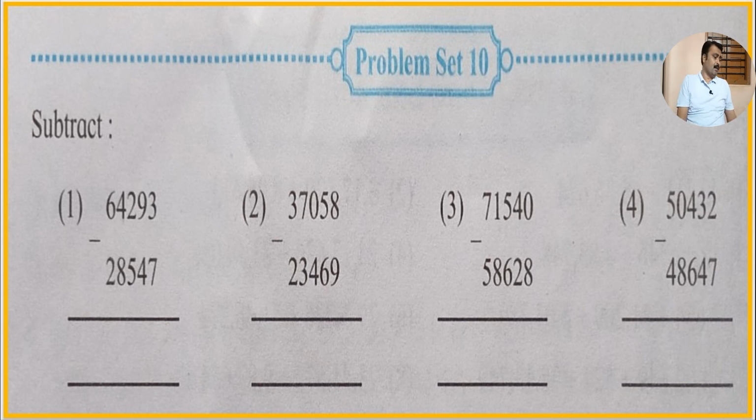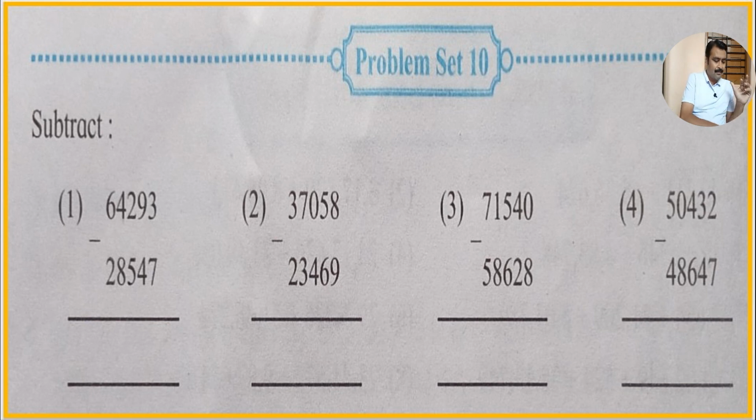So these simple examples I am giving at the end of this video under the title of homework. These 4 examples in problem set number 10 you have to complete in your classwork notebook. Now in the next video, video number 6, we are going to continue with problem set number 11, the actual examples that we have to continue in this 5th standard.